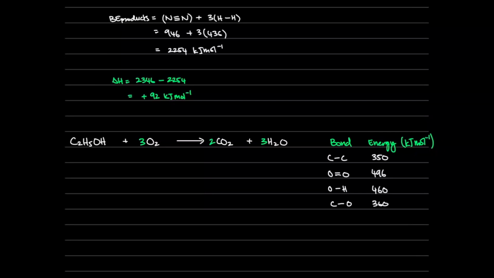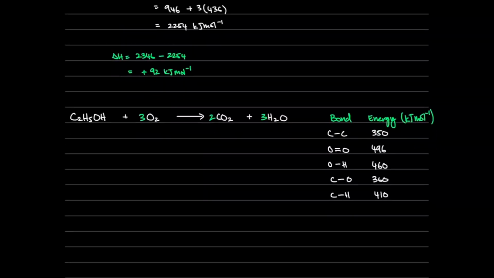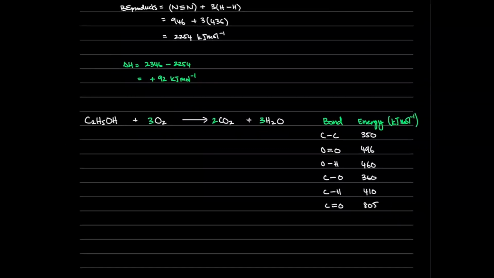Okay. The carbon hydrogen bond, CH, is 410. Okay. Then you have C double bond O, which is 805. Okay. As I said, this is probably the most complicated example that you can get. All right. Now, again, if you want to calculate the enthalpy change, right, that'll be bond energy of reactants minus bond energy of products.